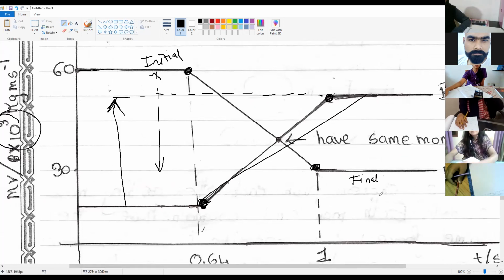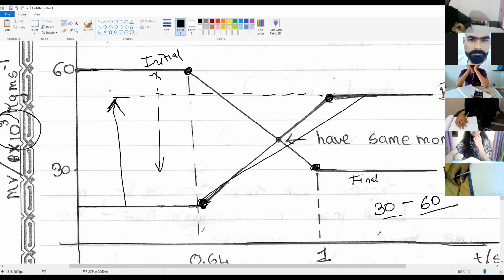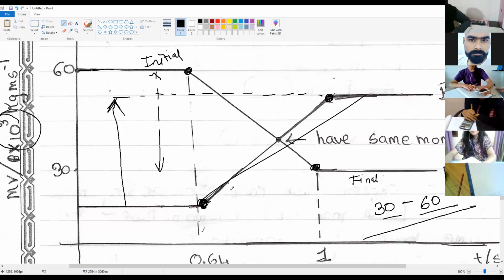What is the final momentum of truck A? 30. Okay, mv minus mu, final minus initial, divided by time. How much time did it take? 1 minus 0.64. How much is 1 minus 0.64? 0.36.